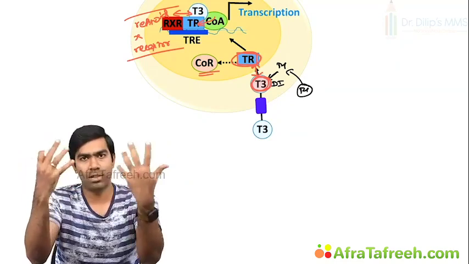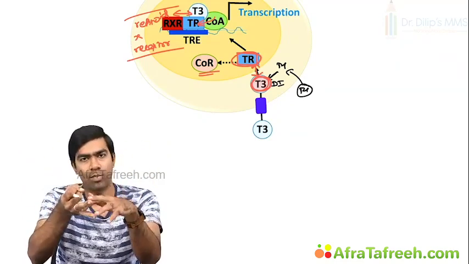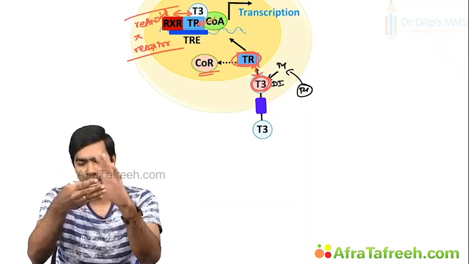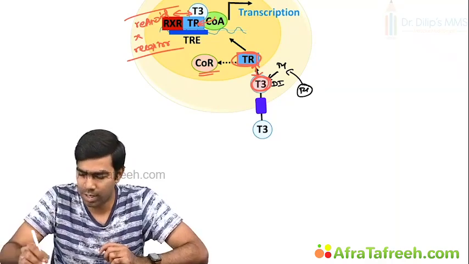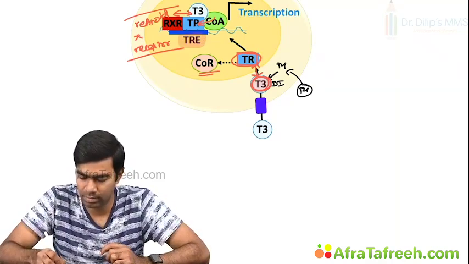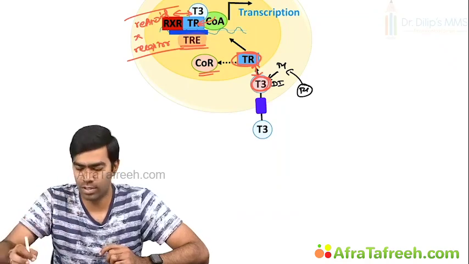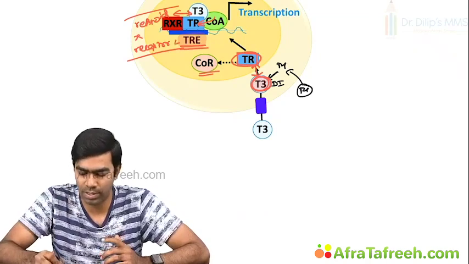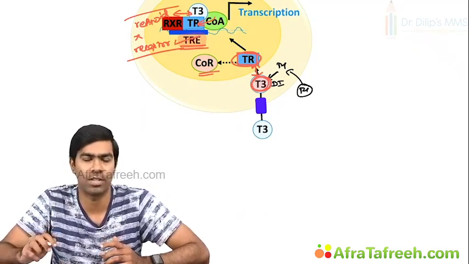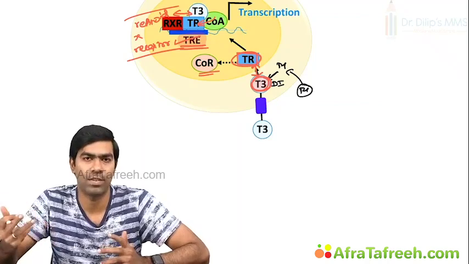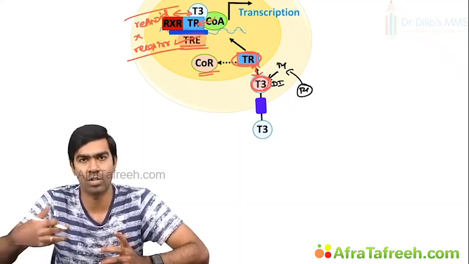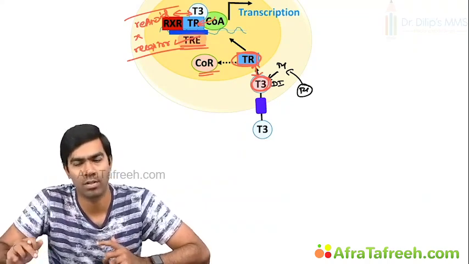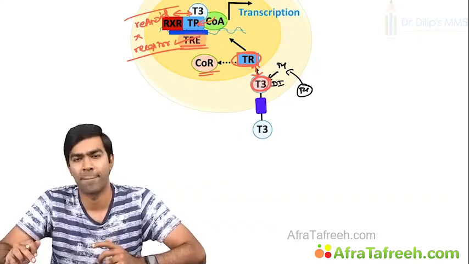And now all these complexes, like T3, thyroid hormone receptor, retinoid X receptor, and this coactivator, will come and bind in the DNA regions. Those areas in the DNA that have binding regions for this complex is what we refer to as a thyroid response element, or otherwise referred to as, previously we called, hormone response element. You would have studied this in chapter 1 itself. Here we are going to call it more specifically thyroid response element. It's also a hormone response element only.